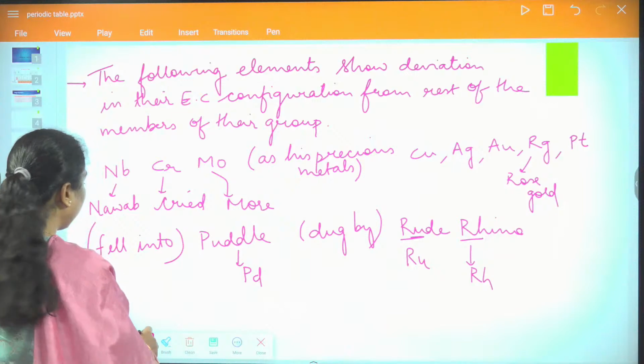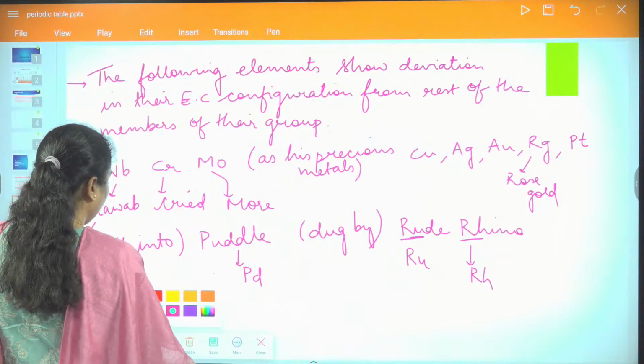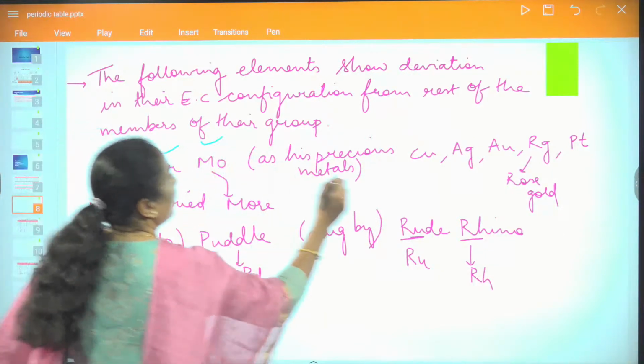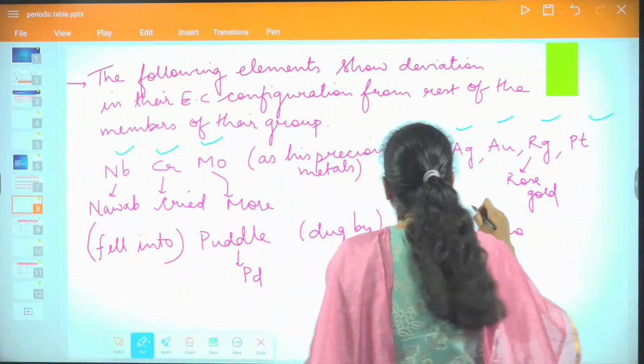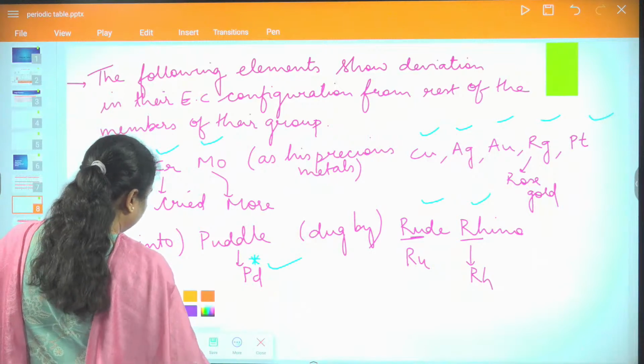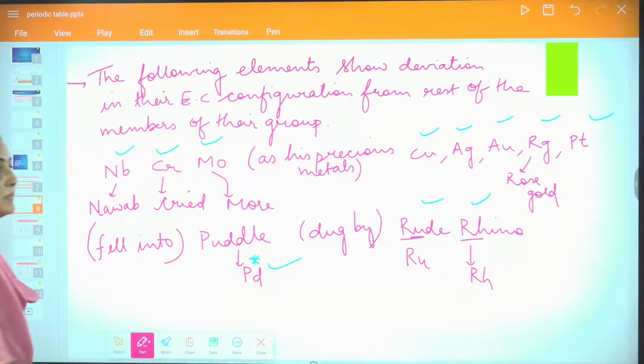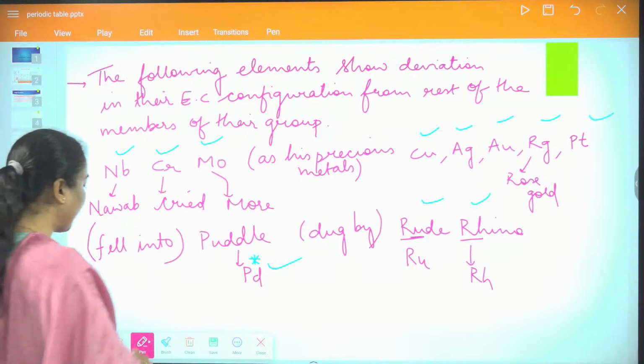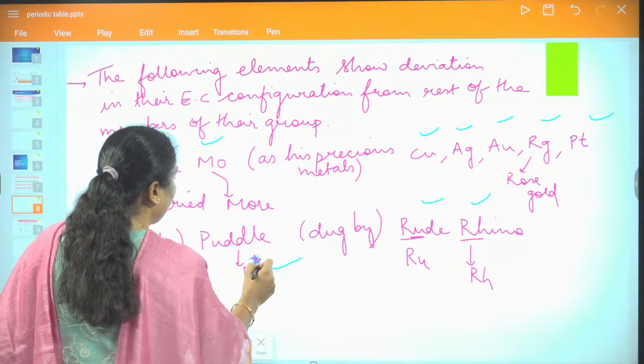So how many elements are you able to see here? 1, 2, 3, 4, 5, 6, 7, 8, 9, 10 and 11. Now you have to put a star mark on palladium. I'll tell you why it is the star candidate after some time. So put a star mark.